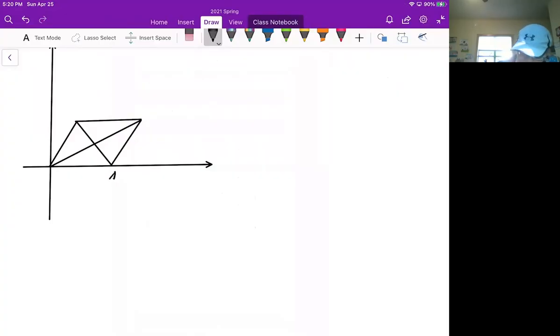So I have the A, B, C, D. All right. So given that ABCD is a parallelogram, okay? And I want you to prove the following. So it's AB square plus BC square, CD square, and DA square.